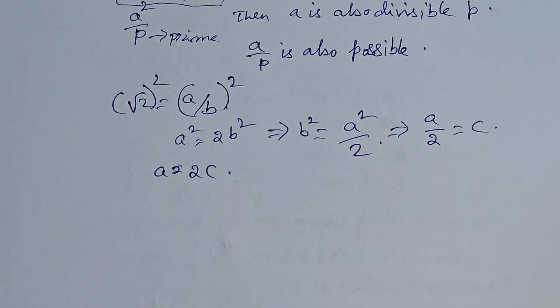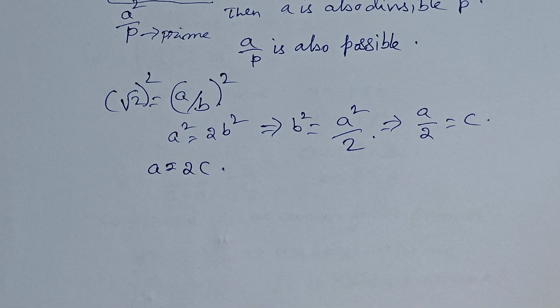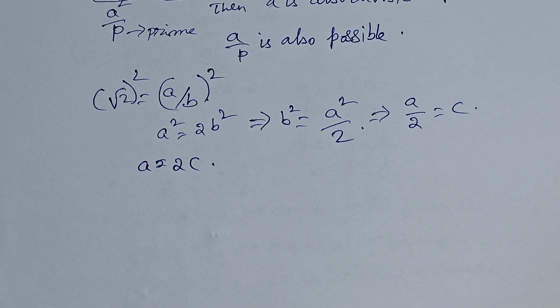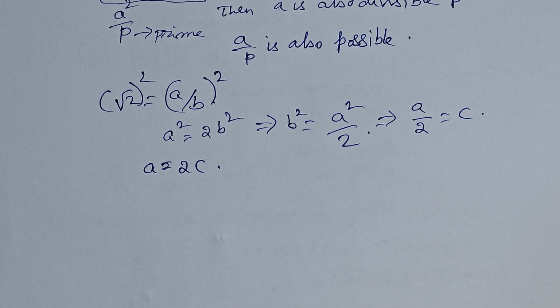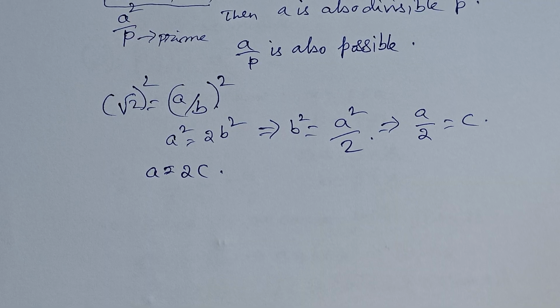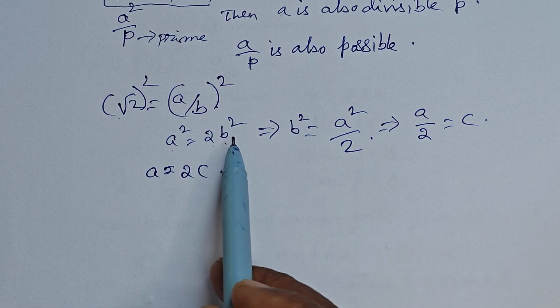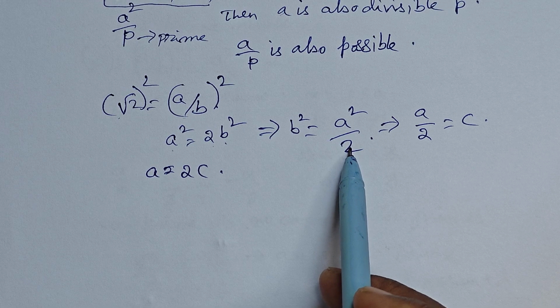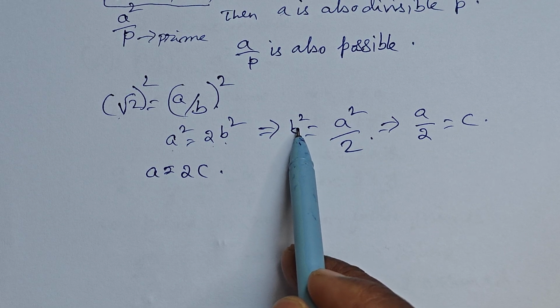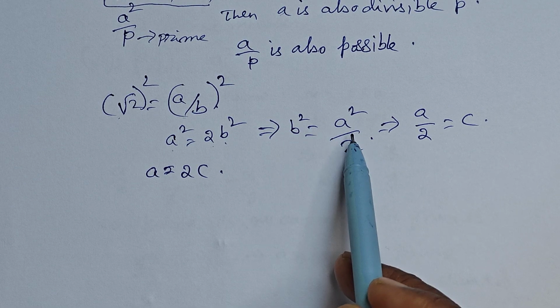Why? Because we have learned two things there. When you assume something is a rational number, you can represent it in the a by b format. I squared both sides, and a square is equal to 2b square, so b square is equal to a square by 2. Here I am not thinking about the value of b square or a square.